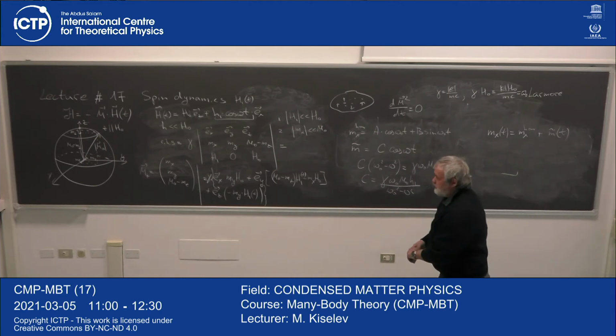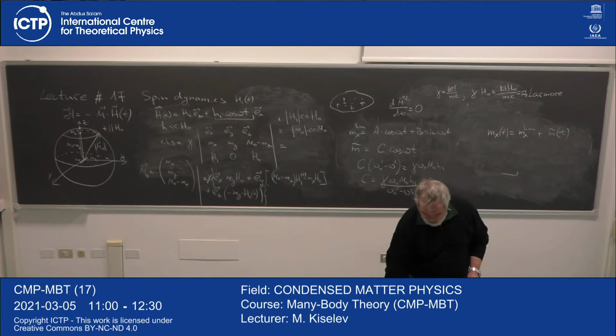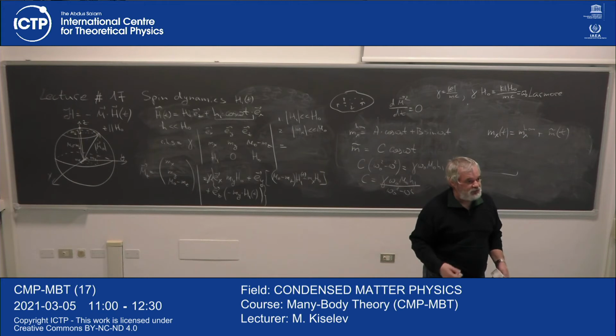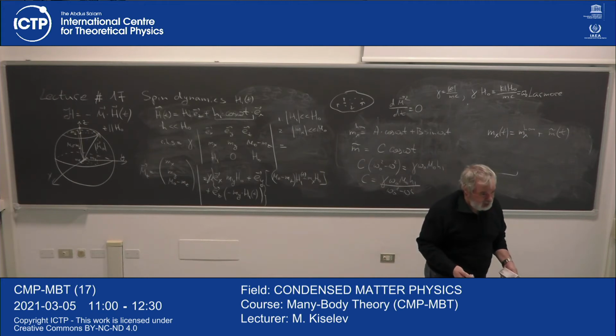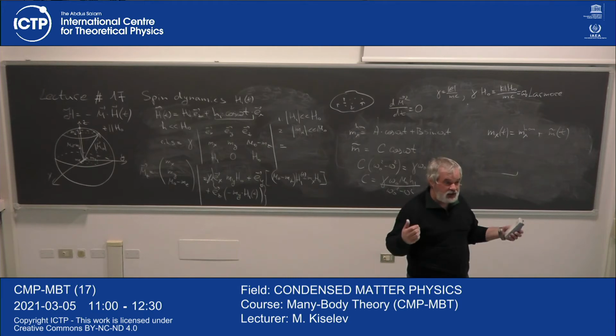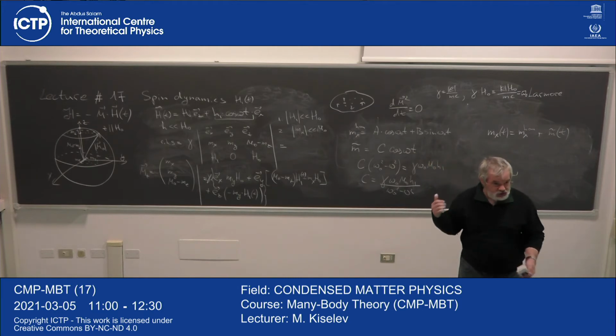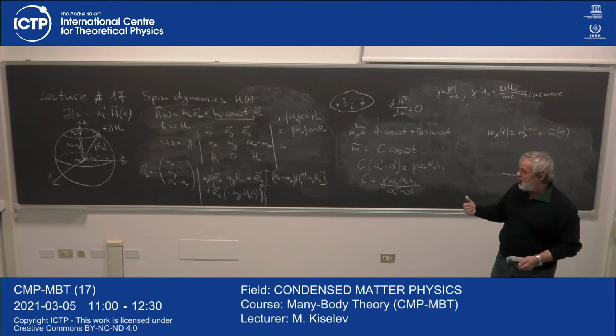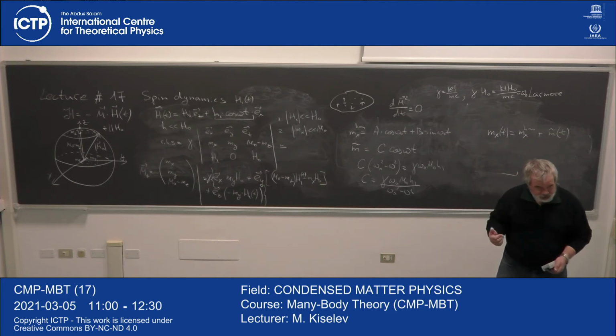Good. Now I'm coming to the discussion of a very important point, the dynamical susceptibility of the system. Let's define it and again compute it for the linearized equation, which is the harmonic oscillator. Once again, I'm dealing with the transverse component.